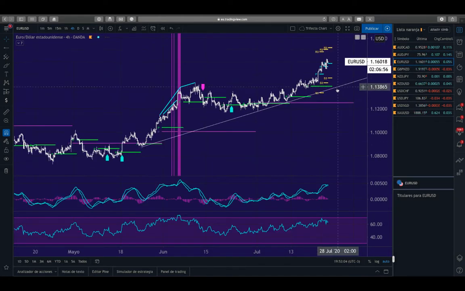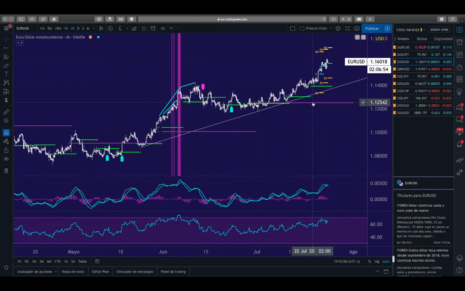Now we can see the euro getting stronger against the US dollar, and we have the same target here with this strong movement upwards. And as we can see, the price does not ever touch that level of 1.100, and that's a really nice target also.